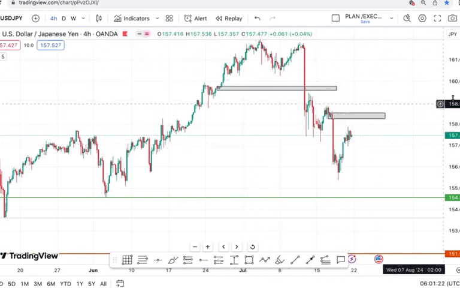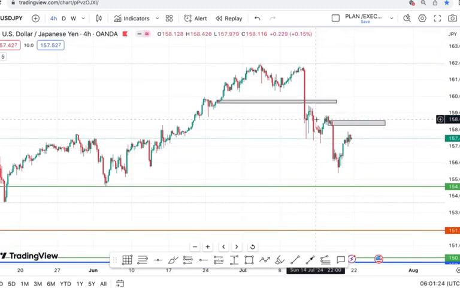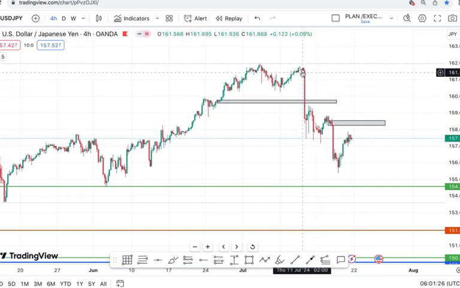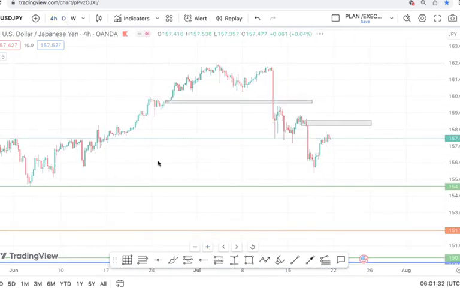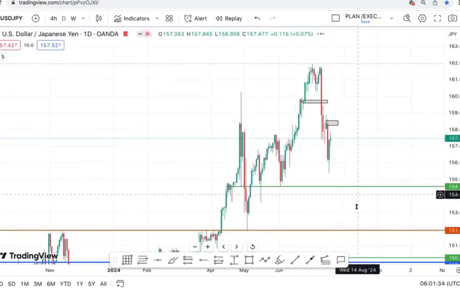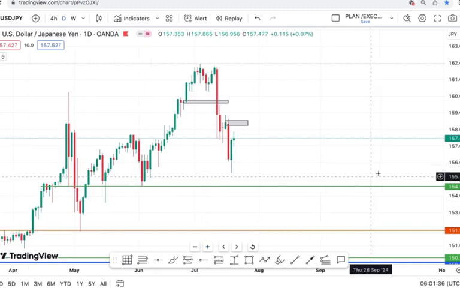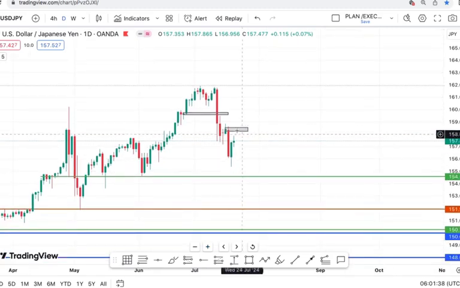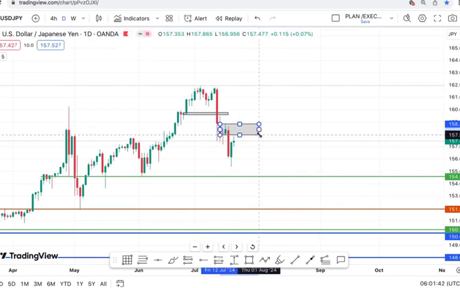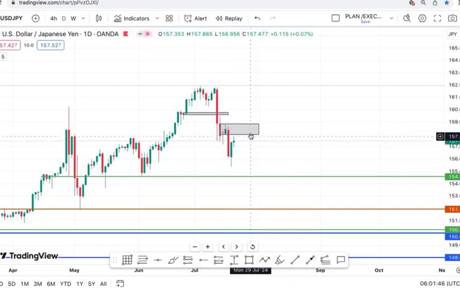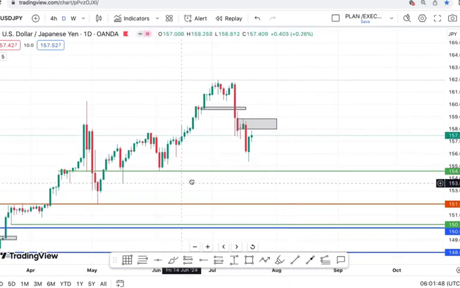So on USD JPY, look how price has been moving to the downside, and currently price is ranging at this zone. Sorry, that was 4 hours. So on this daily time frame, I'm expecting price to tap into this supply zone to move to the downside.